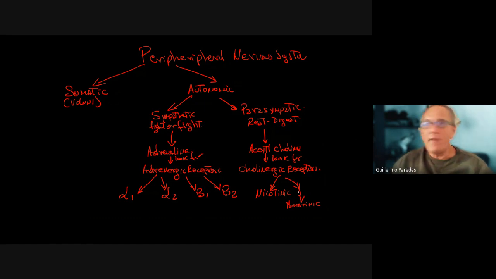Okay. Alpha 1. What is the function of alpha 1? It is the vasoconstriction. Question for the exam, 10 points. Alpha 2 is the vasodilation.